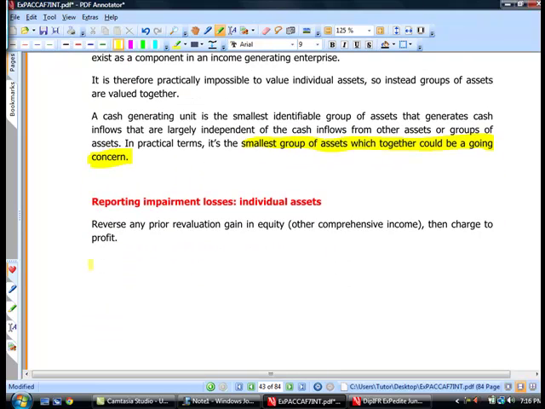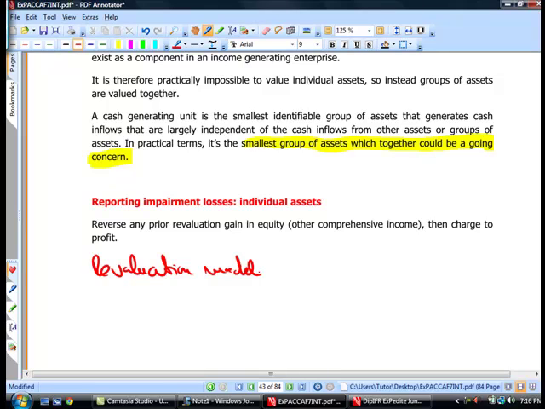Reporting impairment losses for individual assets. Normally, an impairment loss will be charged directly in the P&L. The only difference will be if you have used the revaluation model for that particular asset.